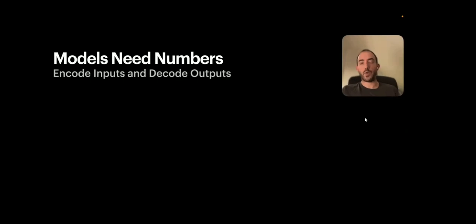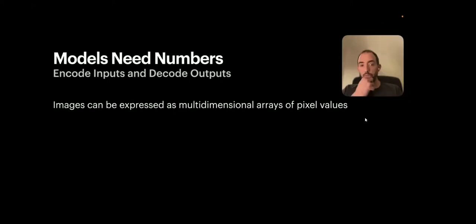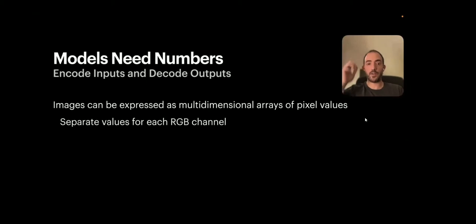We can do that by encoding the inputs into numbers and then decoding the numbers that the model spits out into something that you and I can understand, like an image or other text. Images are fairly easy when you think about them. They're nothing more than very large arrays of pixel values, and those pixel values are numbers usually between 0 and 255. And you have dimensions for the height, the width, and then the channel, which could be red, green, or blue, usually.